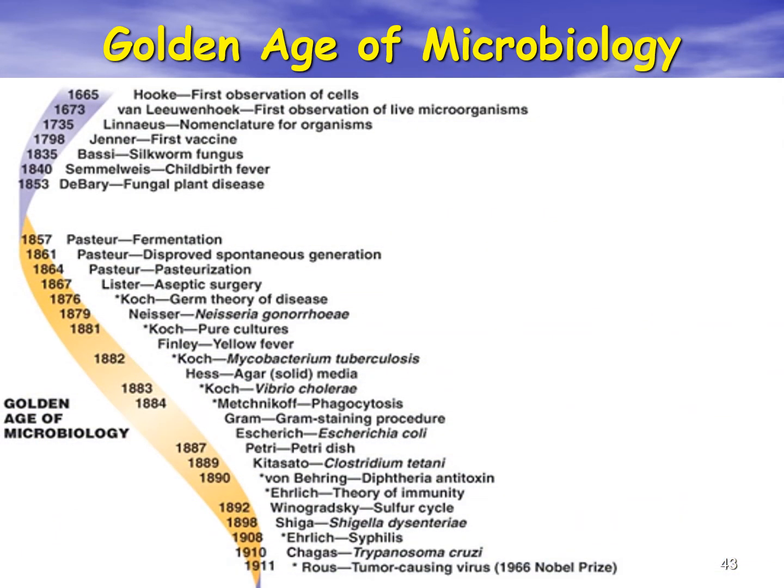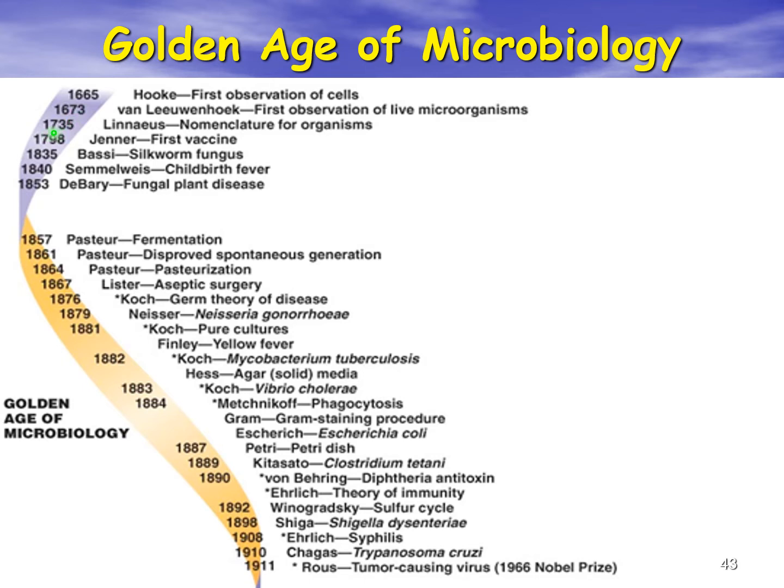I borrowed this from a text that just basically put some years on some of the major discoveries in microbiology. And really, microbiology is a young science, with Robert Hooke in 1665 making the observation of the plant cells, Leeuwenhoek a few years later with his microscope.